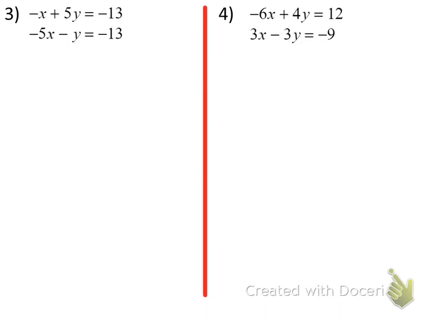Okay, here we go. Number 3. First thing we want to do is name our equations. We got equation 1 and equation 2. We have to ask ourselves, what do we want to eliminate, the x's or the y's? Pick a letter, class. X. Okay, x.